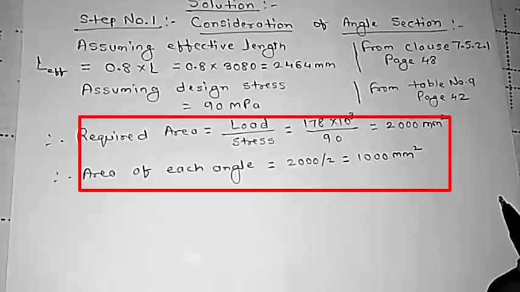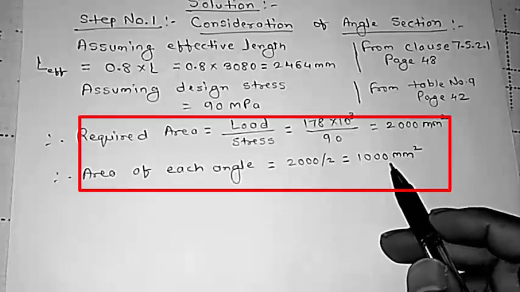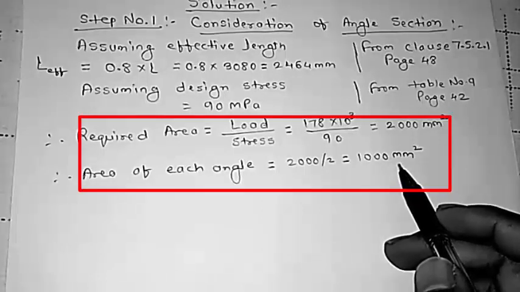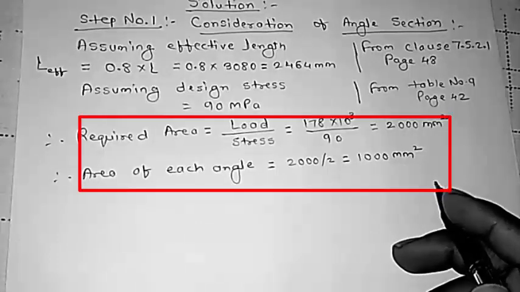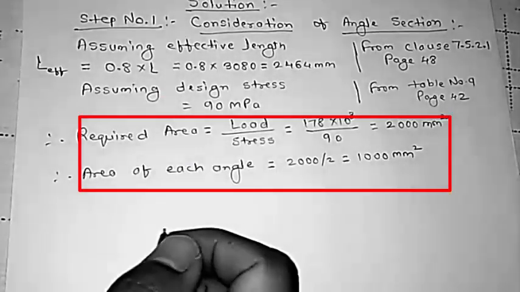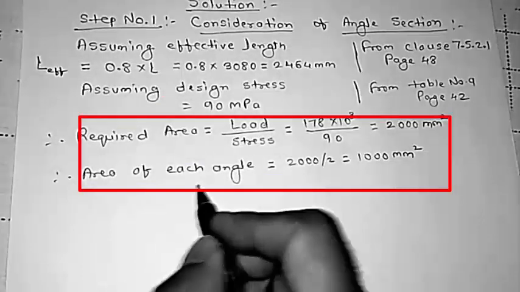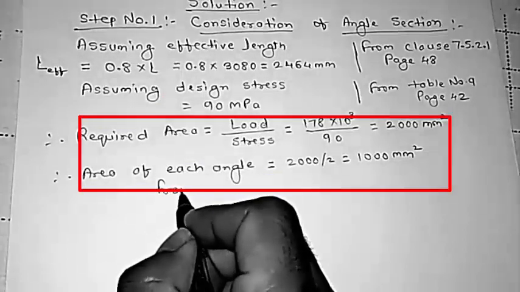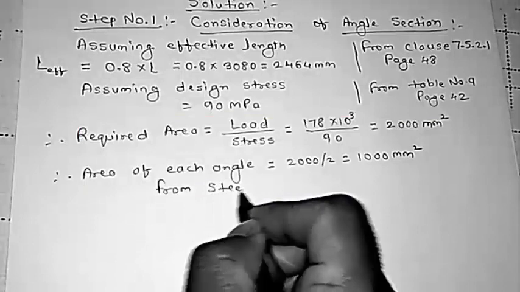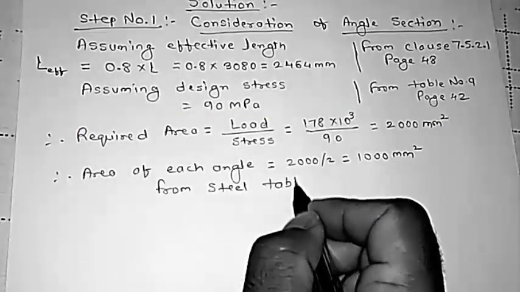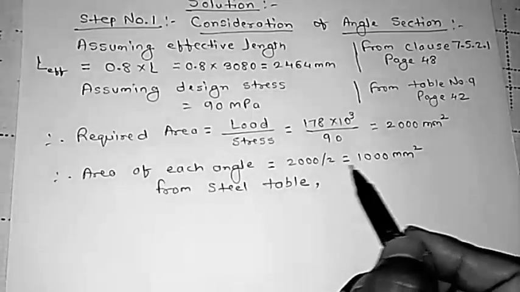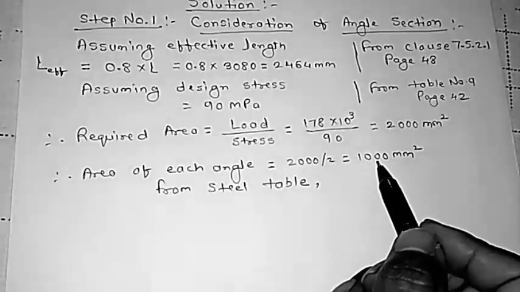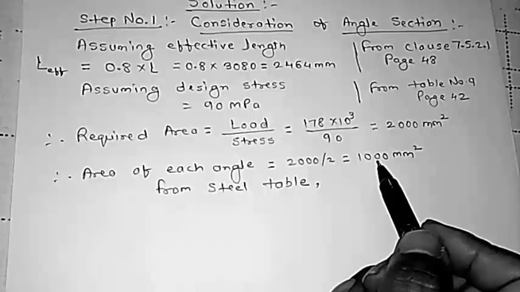So we just need to consider around 1000 mm square, whichever is having that area. So from the steel table, you have to just check whichever angle is having around 1000 mm square.